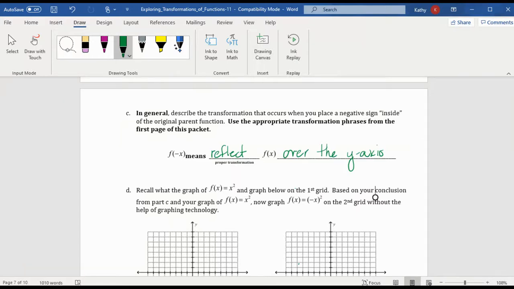Going over the y-axis means whatever you had as a positive x value of, say, 2 became a negative x value of 2. So this reflection changes the signs of our x values. All right, so both are reflections. If you reflect over x, you're changing the y sign. If you reflect over y, you are changing the sign on your x.